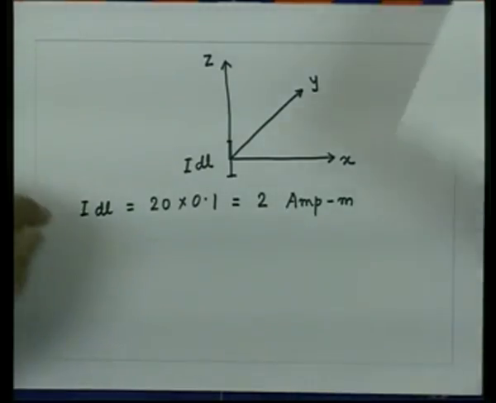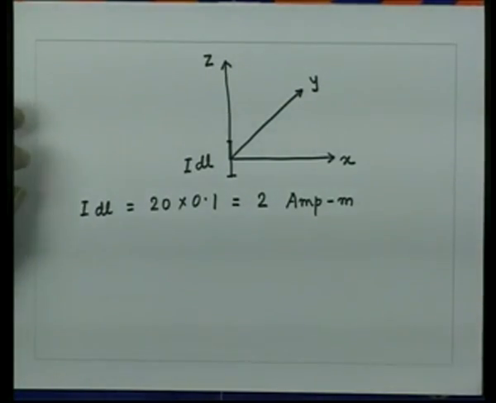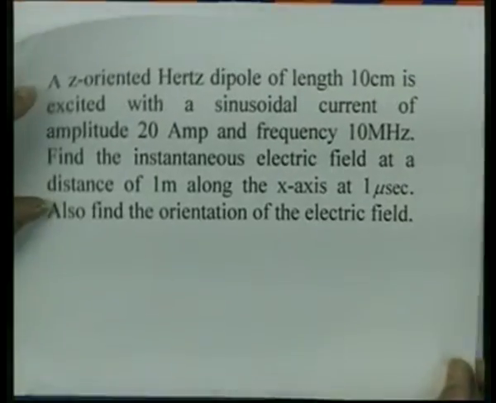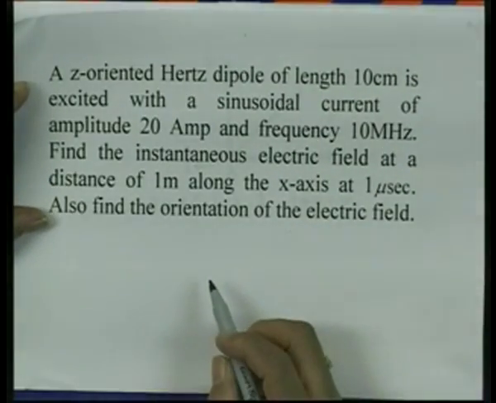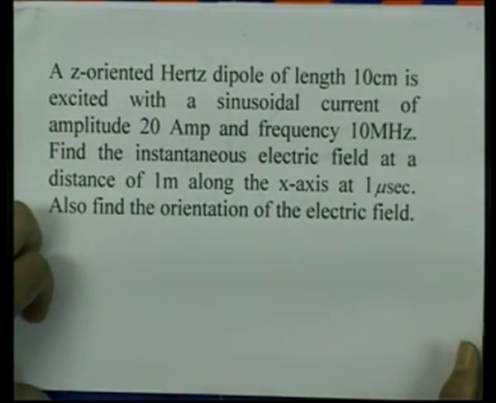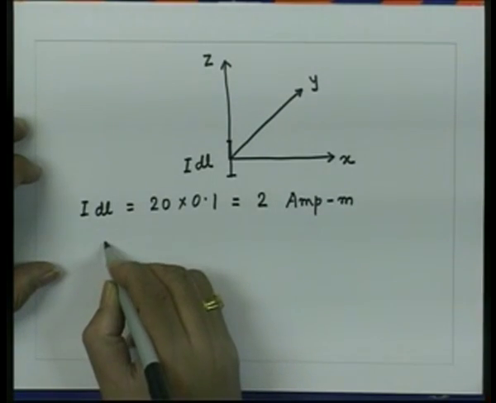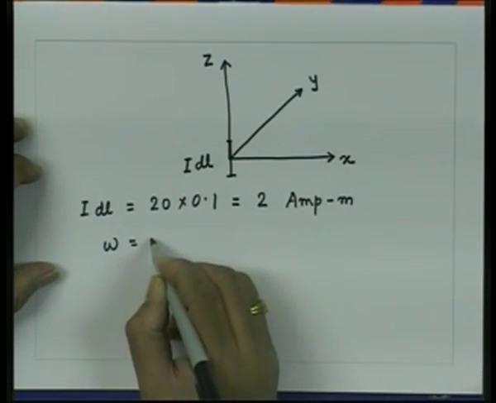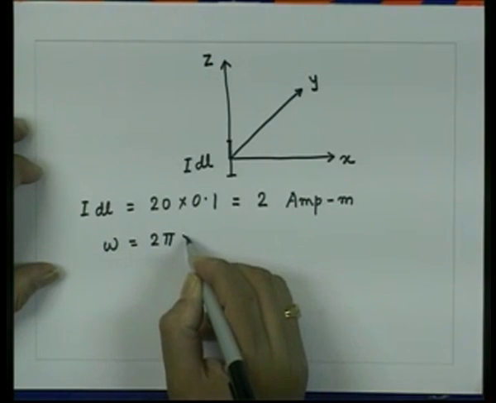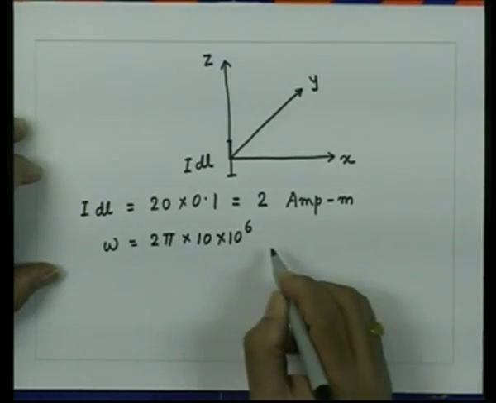So, that is the current moment for this dipole which is given here, and then we require now for calculation of the electric field the quantity beta. So, first we have to calculate the angular frequency omega, then the radiation is going in the free space. So, the velocity is equal to velocity of light. So, we can get from there first the omega equal to 2 pi into 10 megahertz, so it is 10 to the power 6.